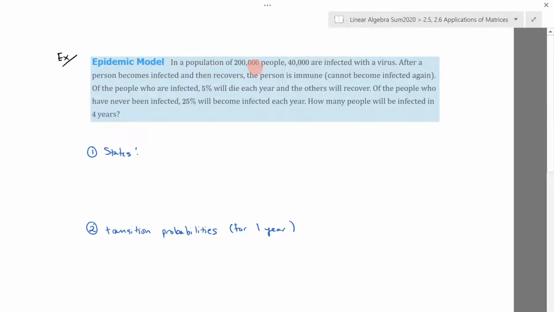Initially in the setup, you can see that some people are infected and some people are not infected. So let's call state N the people who have never been infected. And then again, some of the people have been infected or are currently infected.